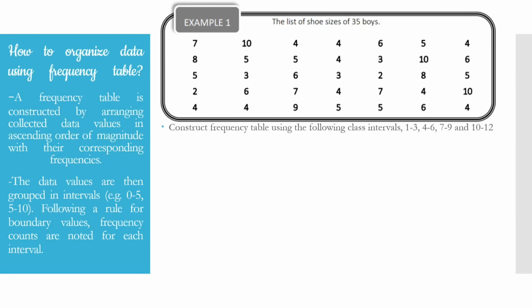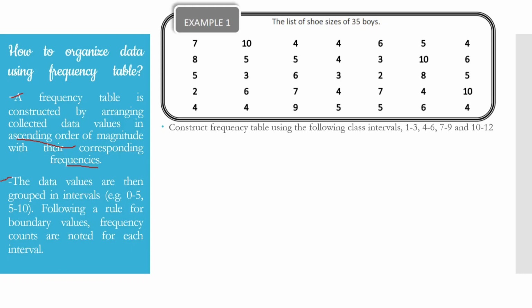So this time, let us learn how to organize data using frequency table. A frequency table is constructed by arranging collected data values in ascending order of magnitude with their corresponding frequencies. The data values are then grouped in intervals, for example, from 0 to 5, 5 to 10, and so on.